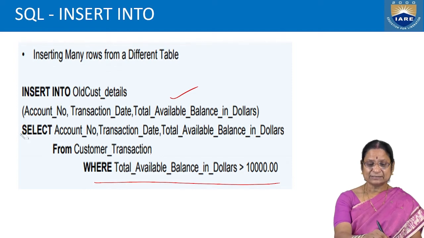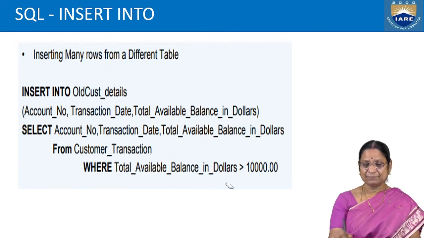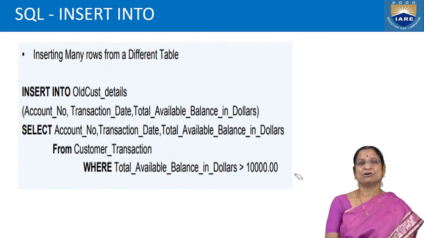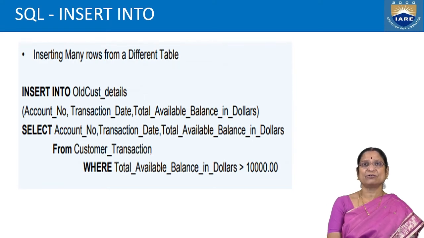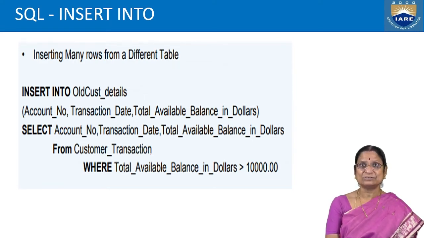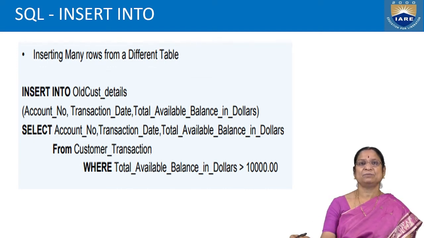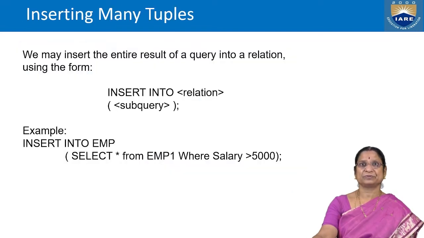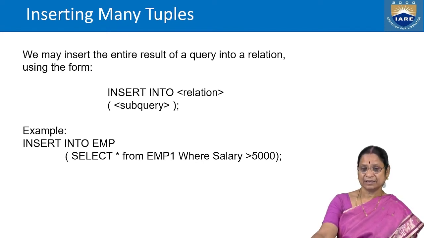So by using this query, I can add multiple records. That means inserting multiple records or multiple rows from another table into the current table having a similar structure of attributes. This is the syntax which we just discussed: inserting many tuples by using a query.